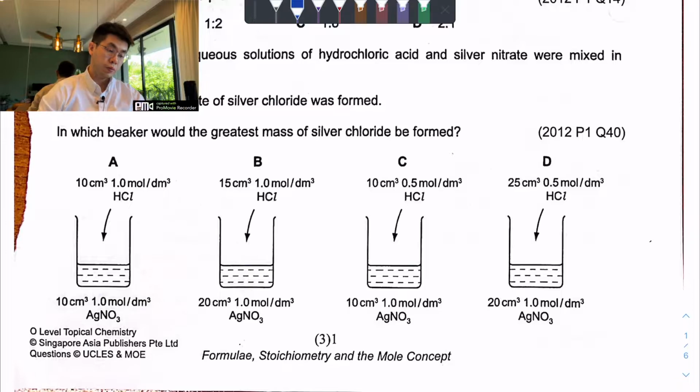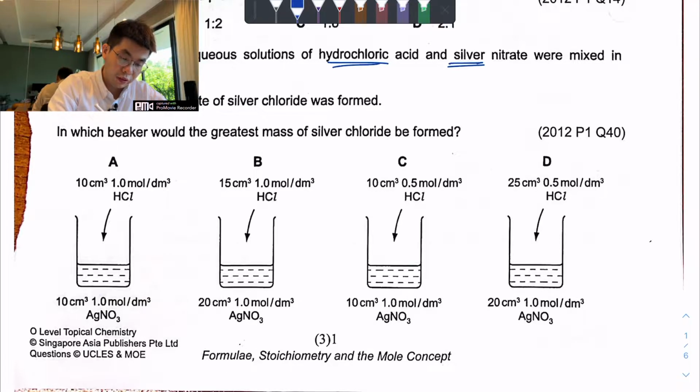So different volumes of hydrochloric acid and silver nitrate were mixed and silver chloride was formed. So what you need to know is that all of the silver reacted with the hydrochloric acid. So you will get something like this. Silver nitrate, you must know that this is Ag+, this is NO3-.